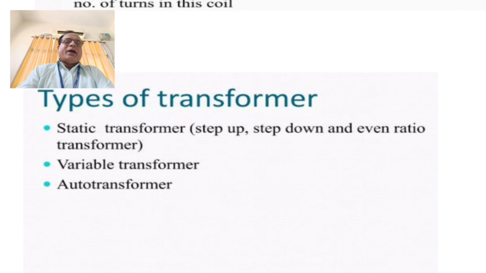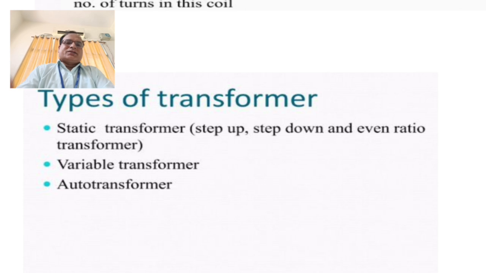Transformers also have different types of losses. There are mainly two types of losses. First is copper loss, second is iron loss. Copper loss depends on the load, and it is also known as variable loss because the load always varies. The second is iron loss. Iron loss depends on the construction or rating of the transformer.